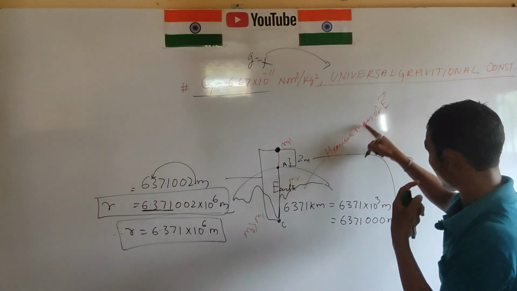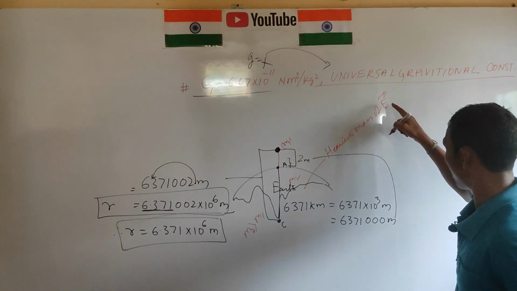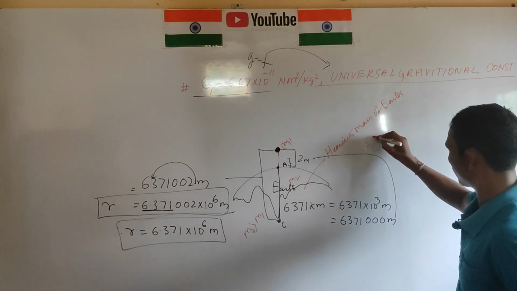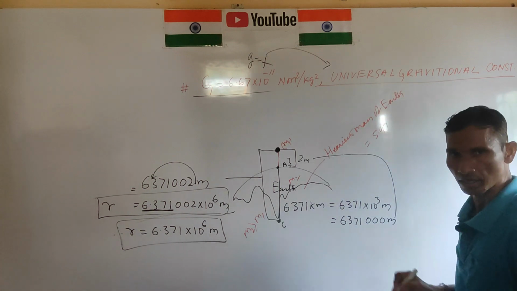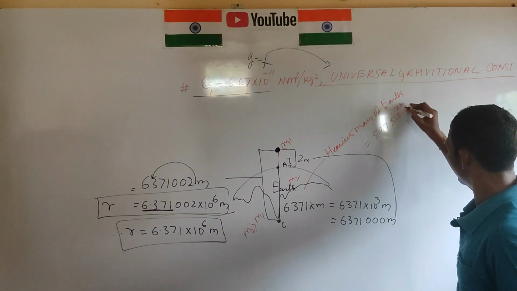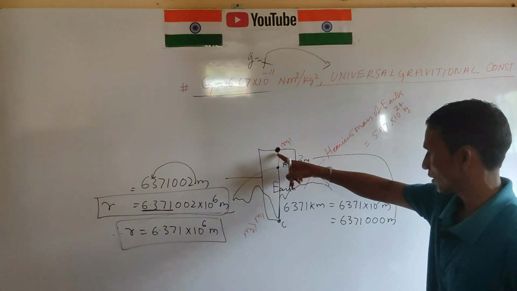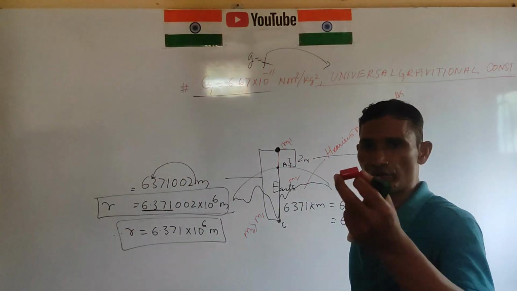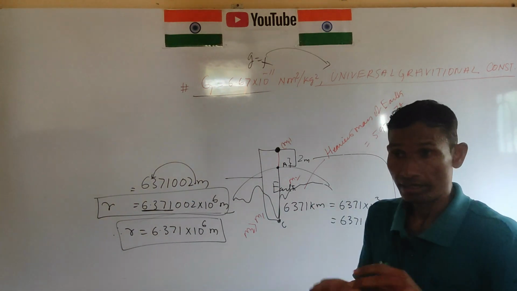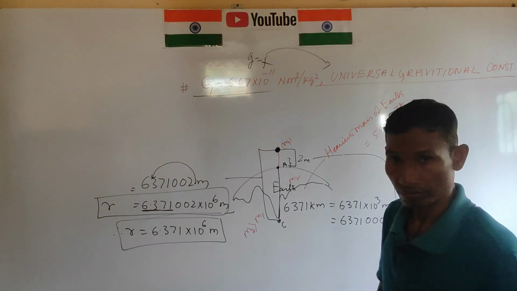In this case, the heavier mass Earth is 5.97 into 10 to the power 24 kg. Here is the unit mass, that is very much lesser, it is a gram. Okay.